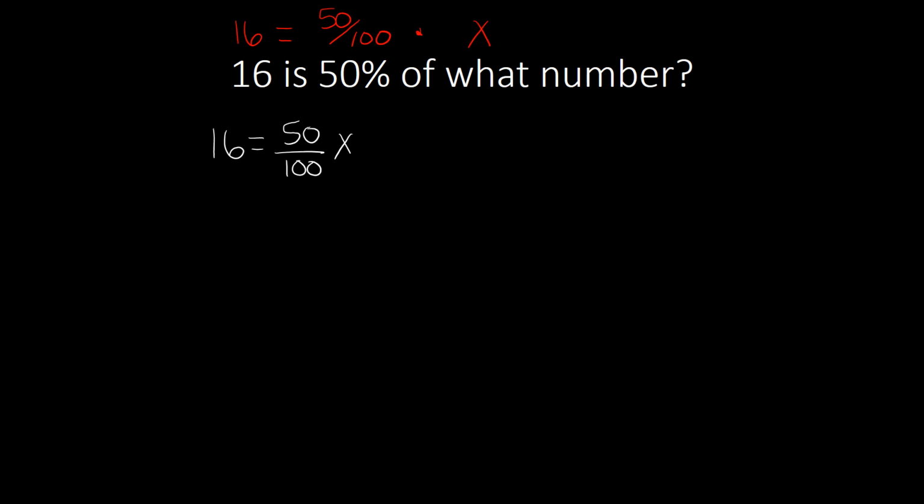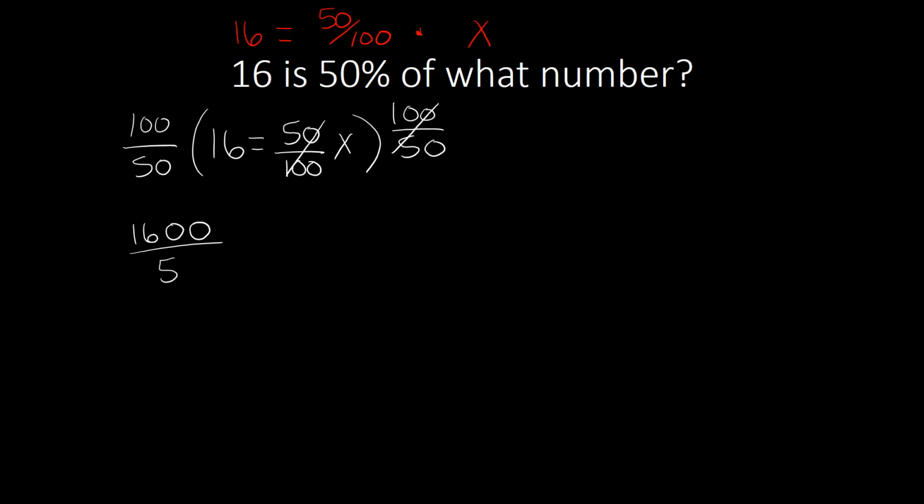Now to cancel that fraction, I need to multiply both sides by the reciprocal, which is 100 over 50, 100 over 50. So that goes away and that goes away. And now I'm left with 1600 over 50.